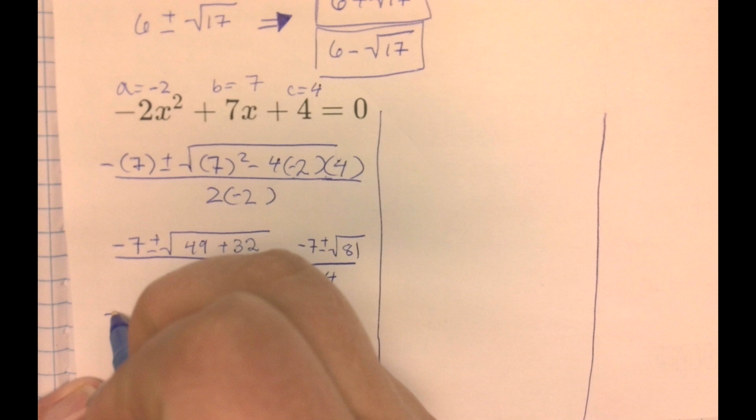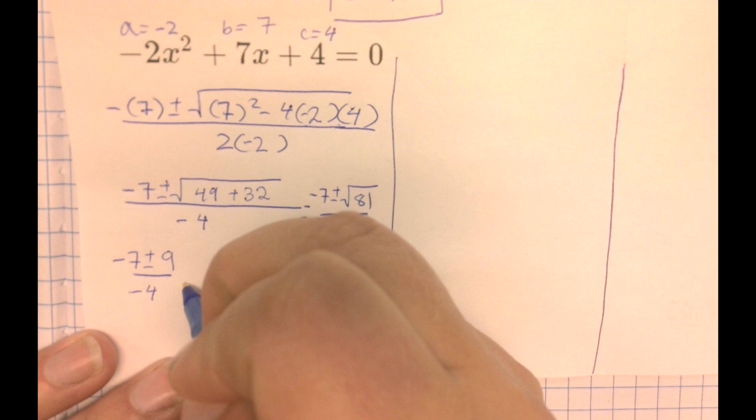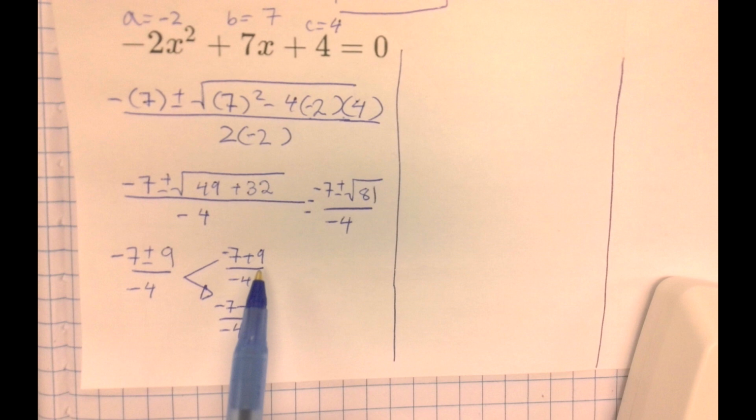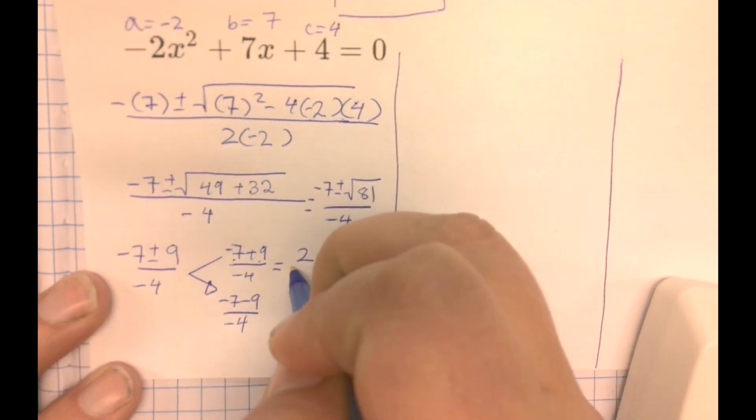Now here's where people get lost. Most of y'all can do this, but you let this go into 2 equations. Negative 7 plus 9 and negative 7 minus 9. Nine take away 7, so I'd have 2 over negative 4.